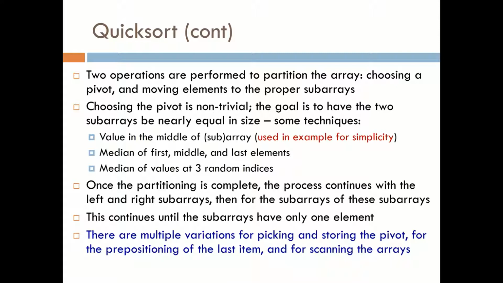If you look at multiple books on algorithms and data structures, you will find multiple variations of what I will demonstrate. But the bottom line is that the behavior is basically the same, and it's basically what was come up with some 60 years ago.